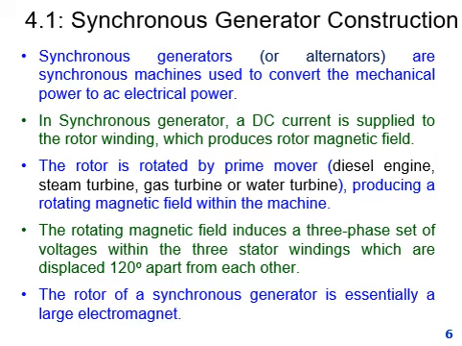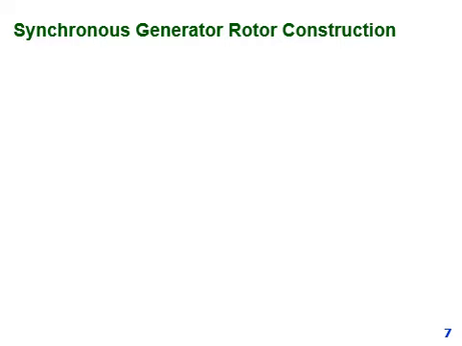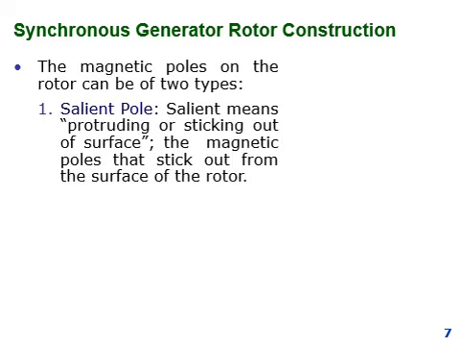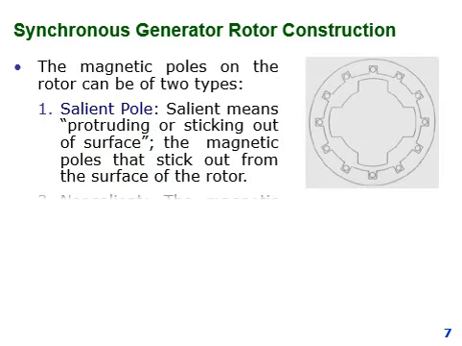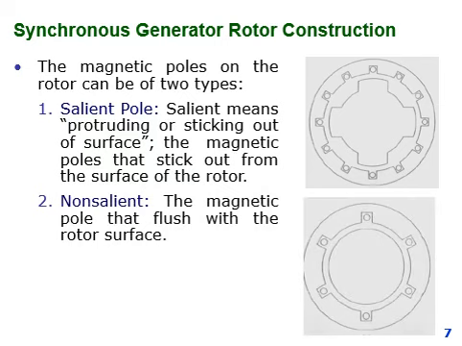The rotor of a synchronous generator is essentially a large electromagnet. We will discuss this in later slides with some pictorial view of how a large electromagnet is used as a rotor. The magnetic poles on the rotor can be of two types.